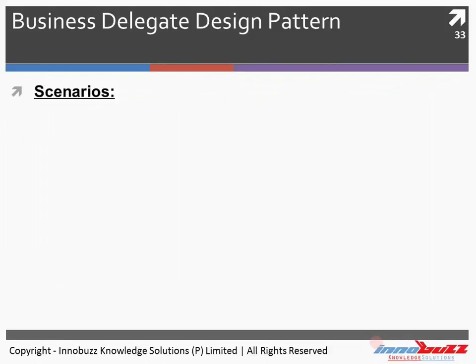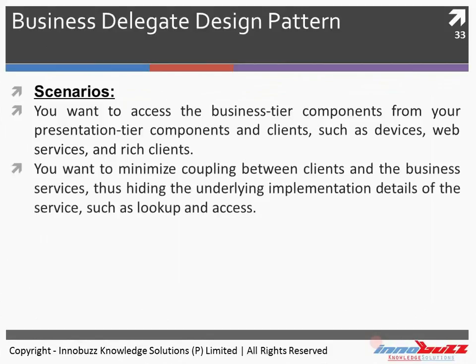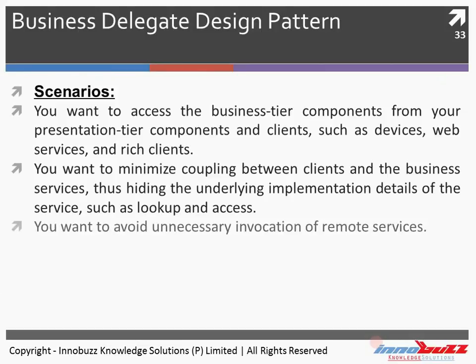The scenarios to be met are that you want to access business tier components from your presentation tier components and clients such as web devices, services and rich clients. You want to minimize coupling between the clients and the business services, thus hiding the underlying implementation details of the service such as lookup and access.